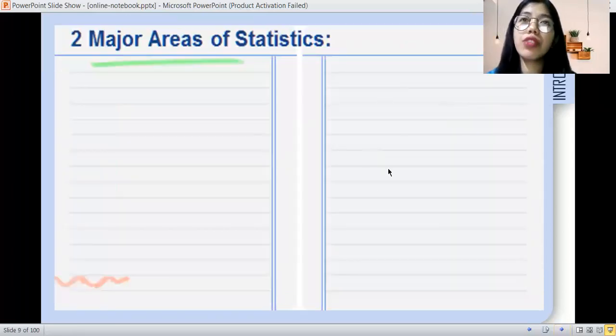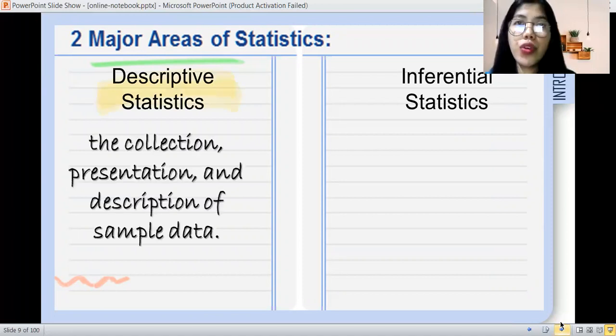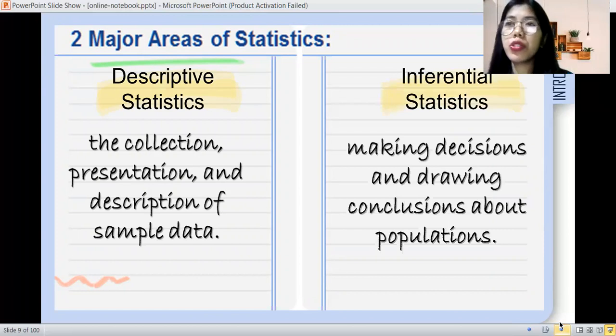Now, we also have the 2 major areas of statistics. We have the descriptive statistics and the inferential statistics. Descriptive statistics refers to the collection, presentation, and description of sample data, while inferential statistics refers to making decisions and drawing conclusions about the population.